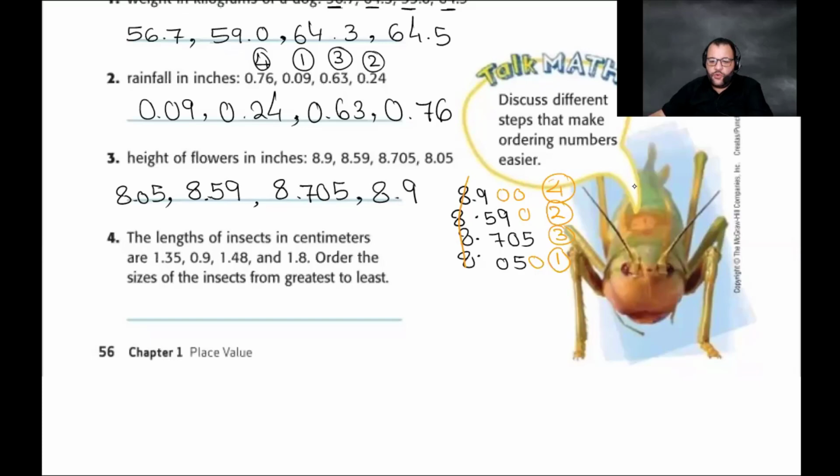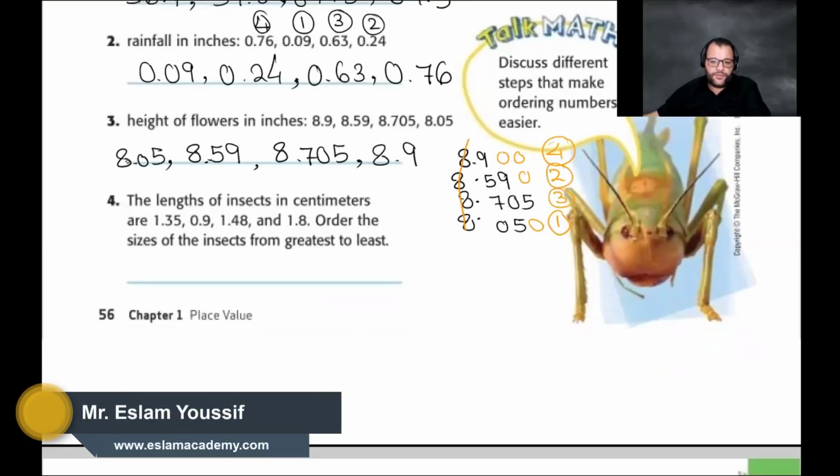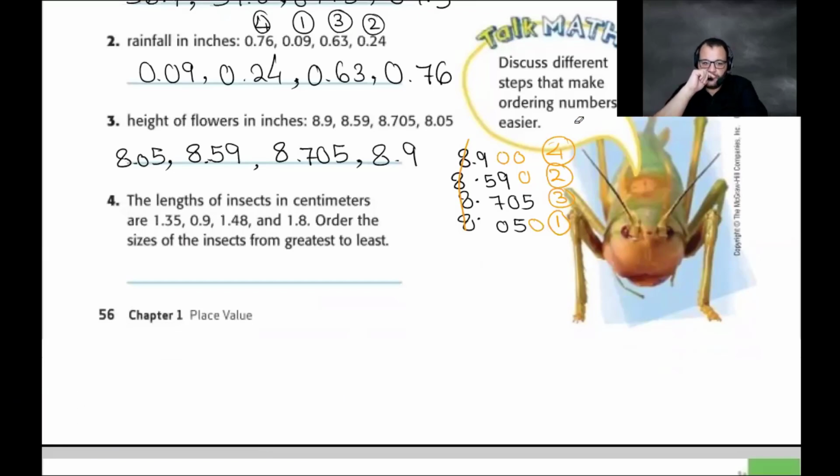So question number 4. Who can solve with me question number 4? Tamer. Yes, Master. Solve with me question number 4. At the first, we need to complete the missing zero. Is there any missing zeros?